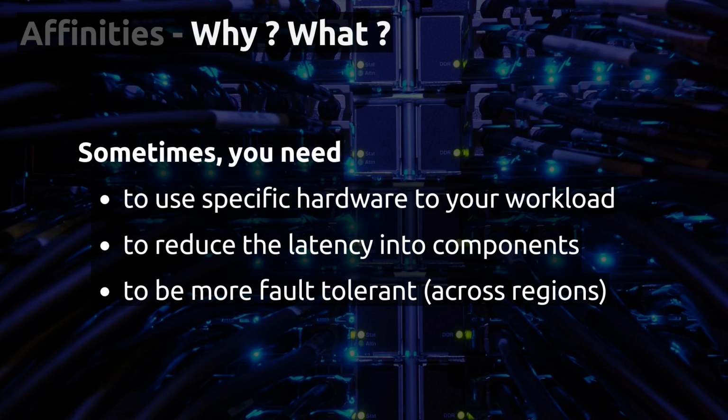Some use cases: sometimes, for example, you want to ensure that your pod will be deployed on a specific node. On your Kubernetes cluster, we can imagine that, if you practice AI or LLM inference or training, you will probably have some nodes with GPUs on them.